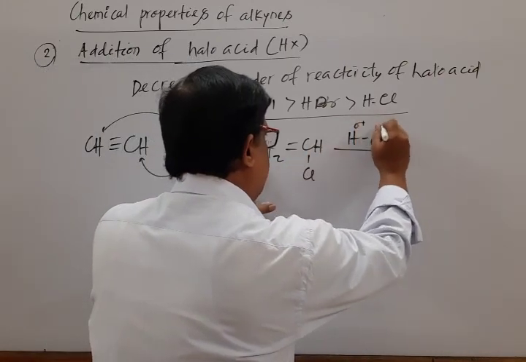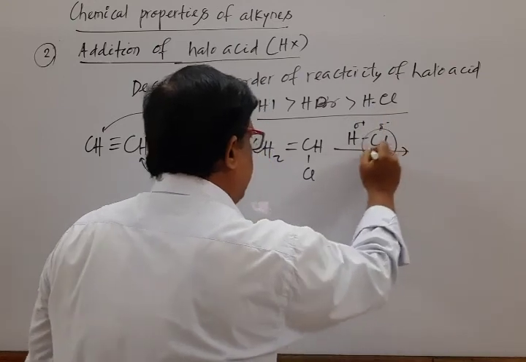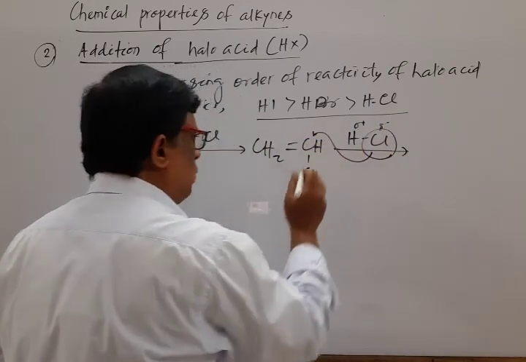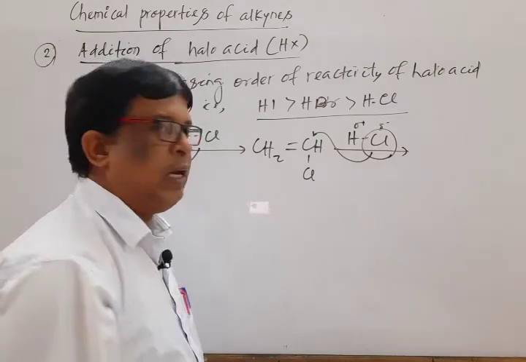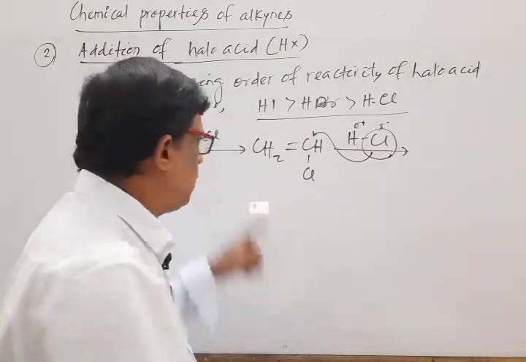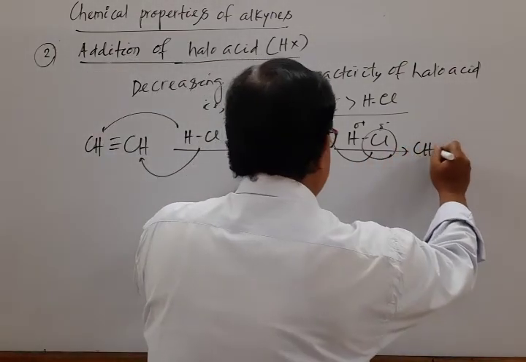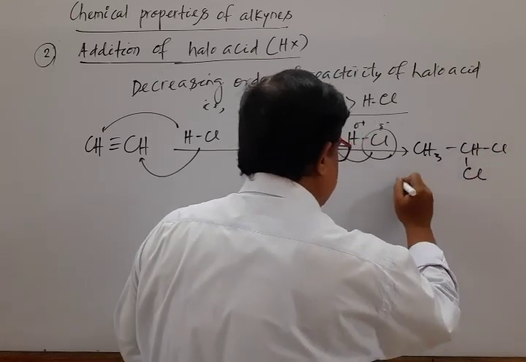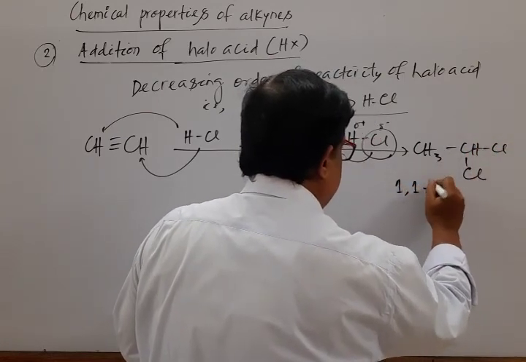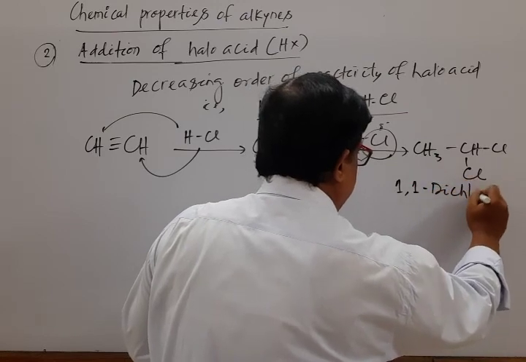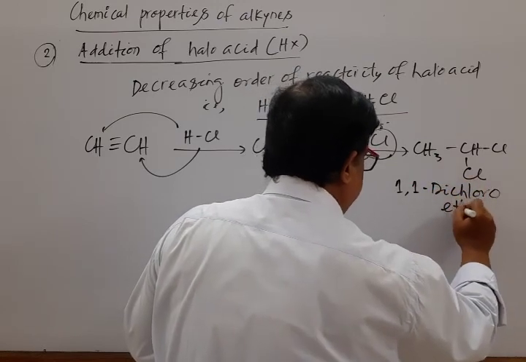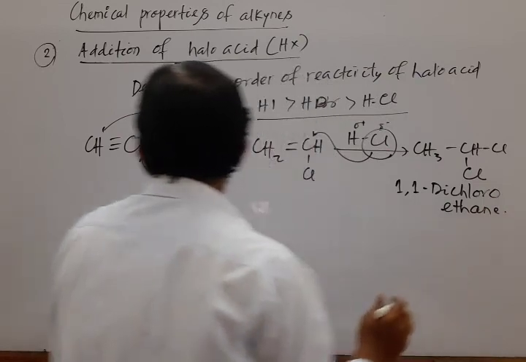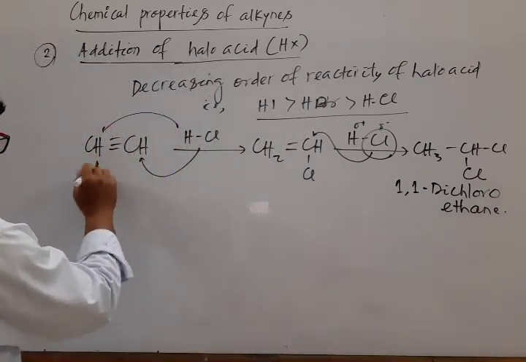When we add, follow Markovnikov's rule: the negative part moves to that double-bonded carbon atom which contains less number of hydrogen atoms, resulting in the formation of CH3-CHCl2. Its name is 1,1-dichloroethane. Okay.